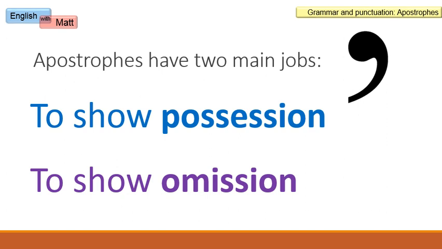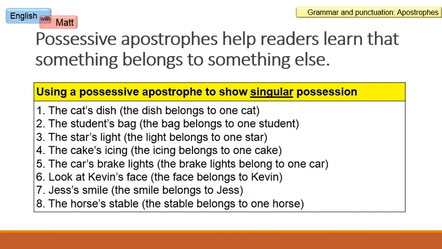So to start by talking about possession, when we talk about possession, we mean that the apostrophe tells us that something belongs to something else. And in these 8 examples, the noun, which is the object, the thing that we're actually talking about, is all in the singular. So one cat, one student, one star, and so on. And each of those objects owns something.